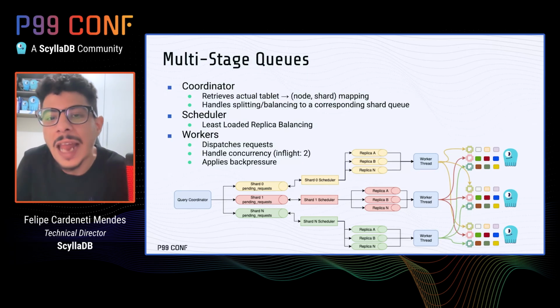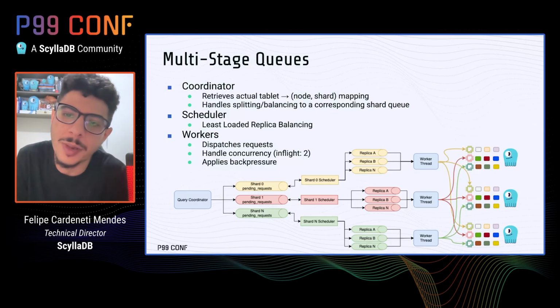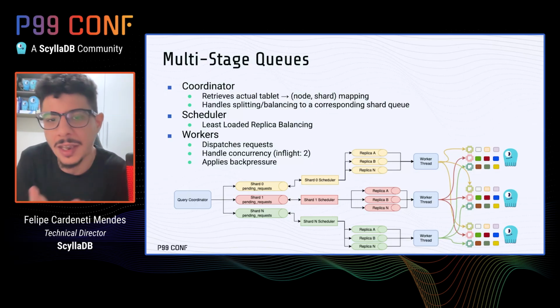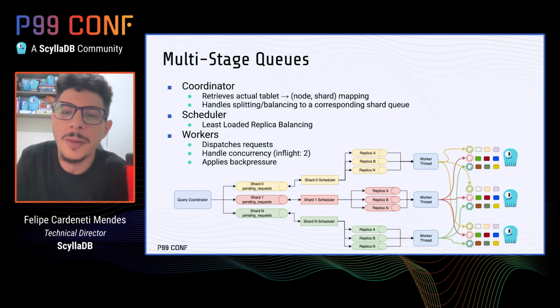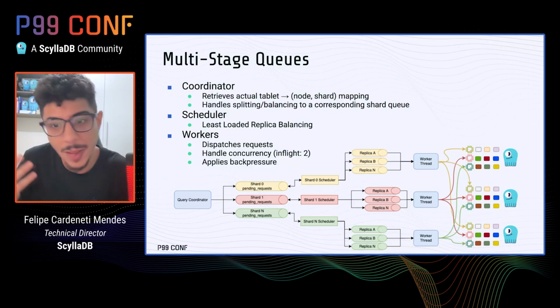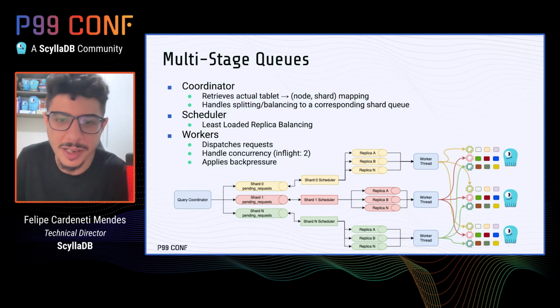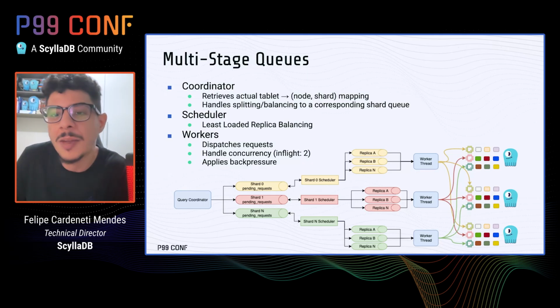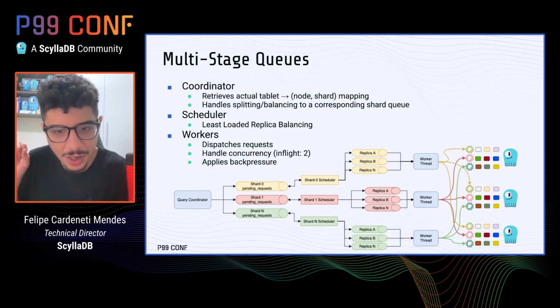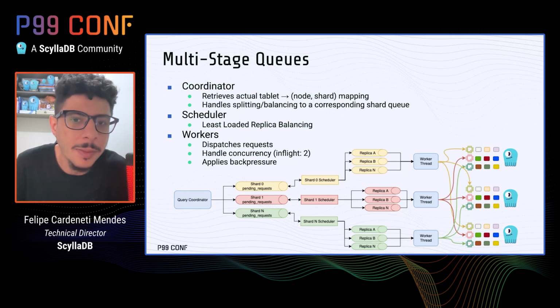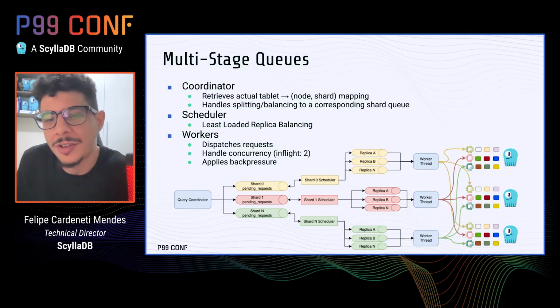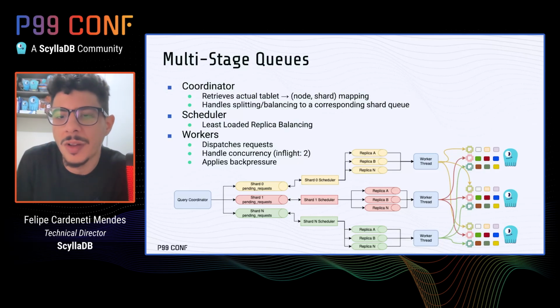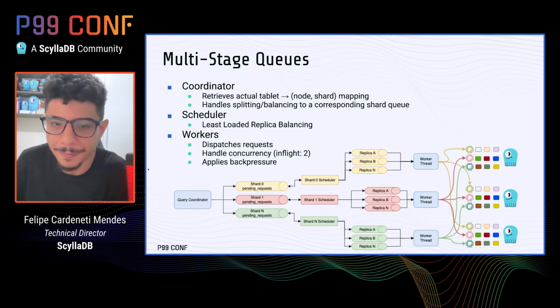In the not so unlikely situation that all replicas are busy, the scheduler simply places the request back into its original queue and picks up another, which may span a different replica set. Finally, the worker nodes have the simple job of polling each replica's queue, dispatching incoming work, and applying back pressure to assist the scheduler in its per CPU fair load balancing.